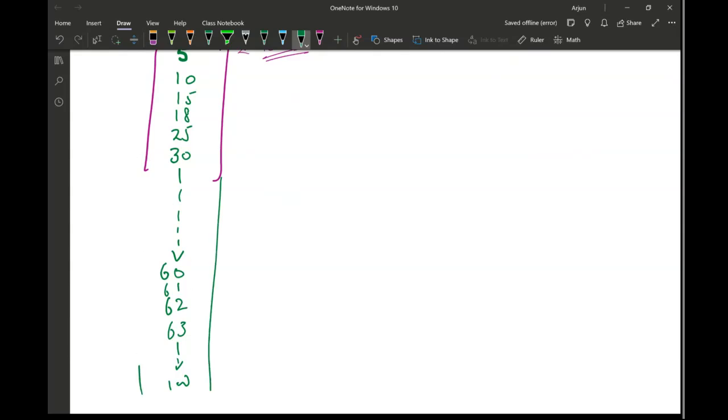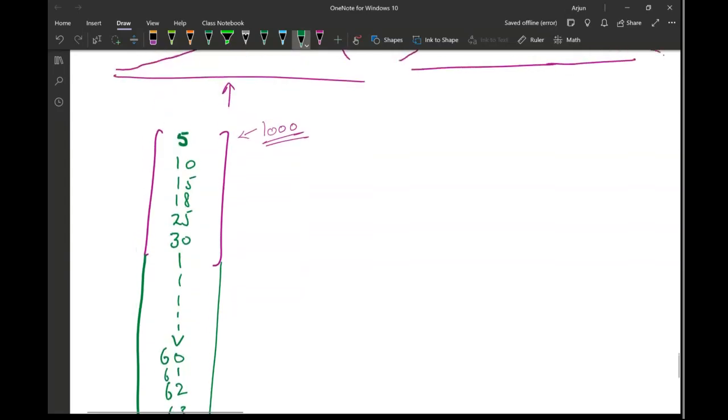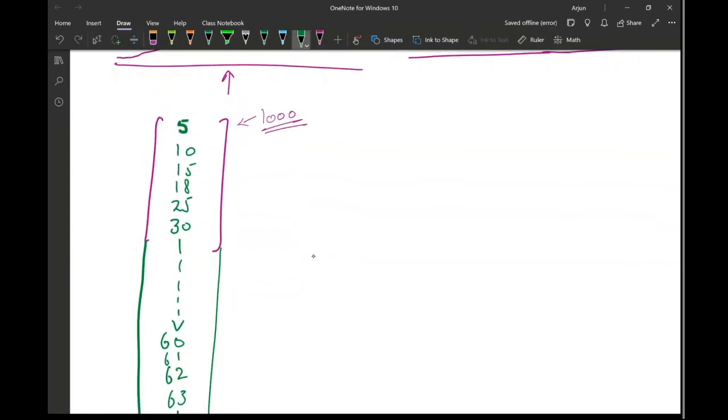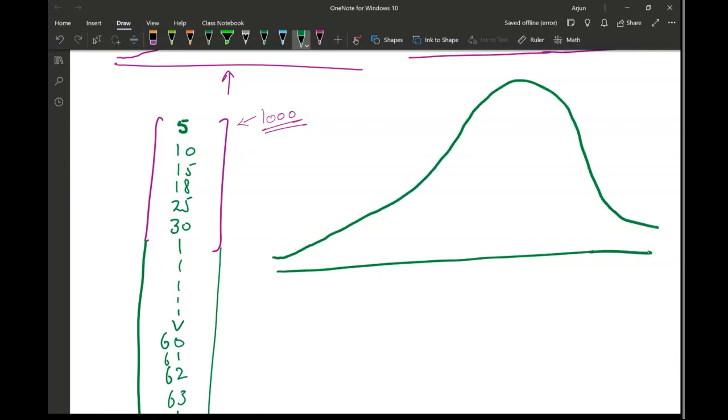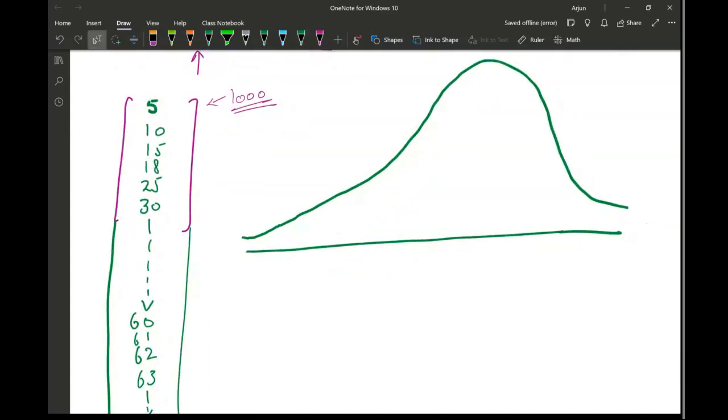Okay, so this was the data which I collected, and now when I try to put it under the normal distribution, I can clearly see there was a skewness, that the majority of the people were hospitalized in the later half of their life.